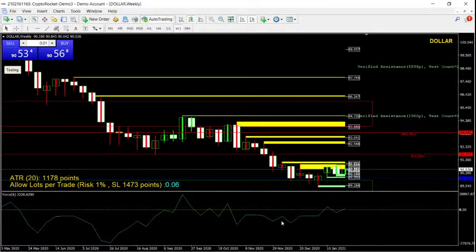There's one called TDFI, and basically this tells you, this is what I call oomph, or how much strength a move has compared to, I only go back 6 periods, so 6 candles back in comparison to the past 6 candles.